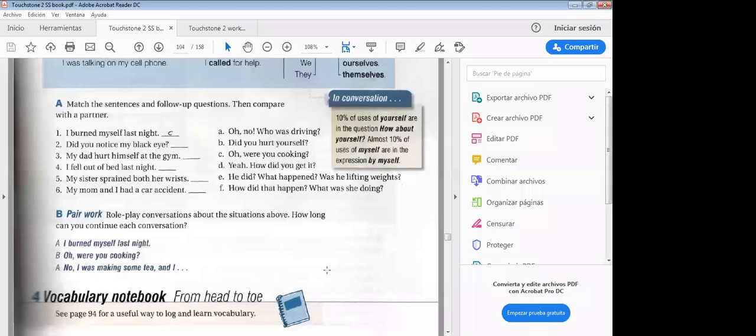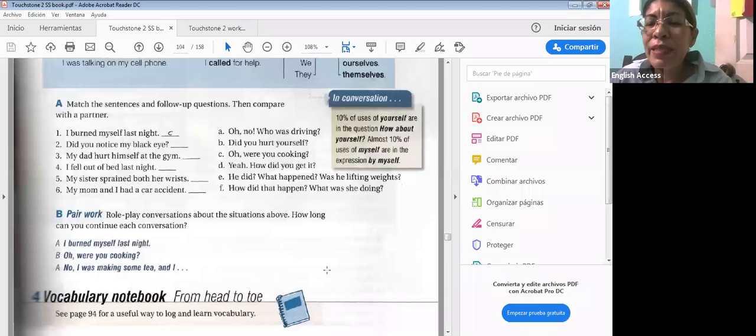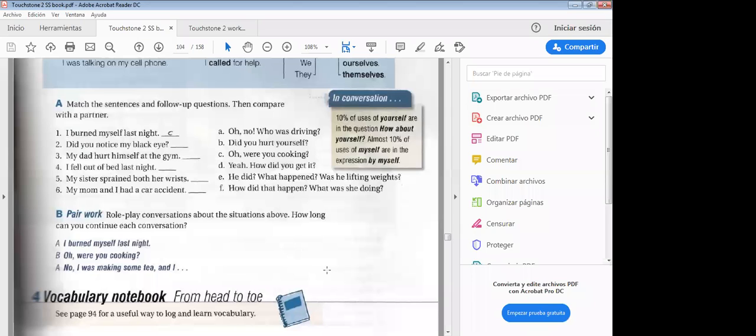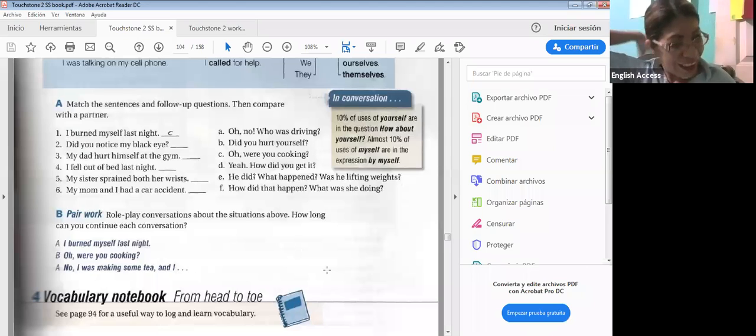He was lifting weights and he hurt what? He hurt his back, okay, for example. Yes. Now it's your turn, Luis.